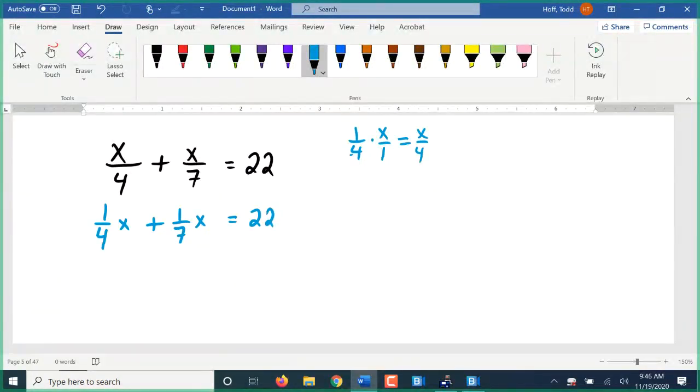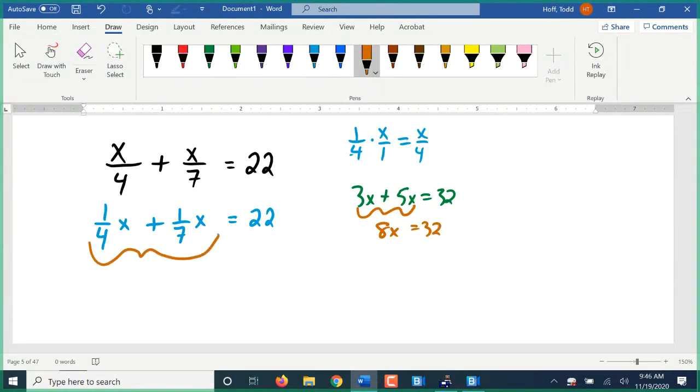Now at this point, this is the same as having like 3x plus 5x equals 32. Here we would have added the 3x and the 5x to get 8x. We're going to do the same thing here. We're going to add 1/4 x and 1/7 x. However, 1/4 and 1/7 require a little bit of work to combine.